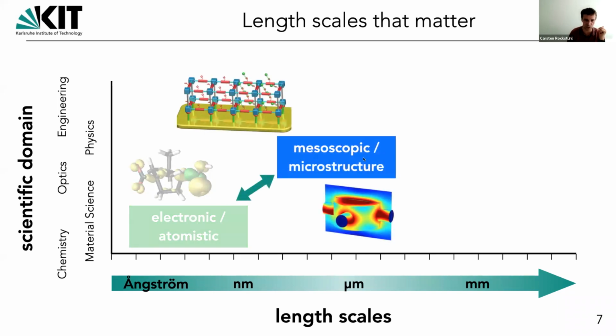So we have a second length scale that matters for us, and that is this mesoscopic or microstructured length scale. That we can consider either as the length scale that matters for the individual building blocks from which artificial photonic materials are made. So this is then a fraction of the wavelengths, but not much smaller than the wavelengths, but rather comparable to the wavelengths.